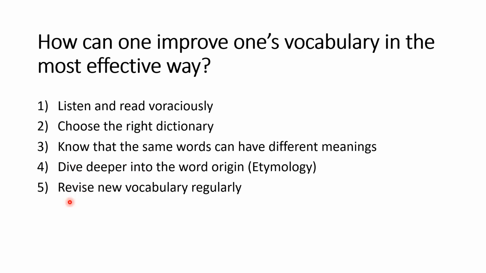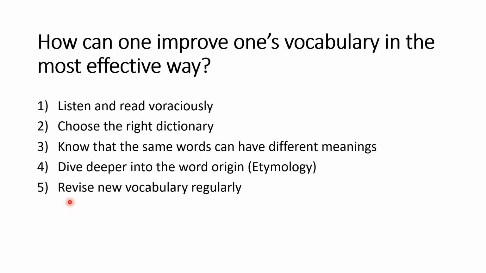So, first thing, listen and read voraciously. Voraciously means a lot. Okay, listen and read a lot. Second one is to choose the right dictionary. Third is to know that the same words can have different meanings. Right, a knowledge about this will really help you. And fourth one is to dive deeper into the word origin, that is etymology.